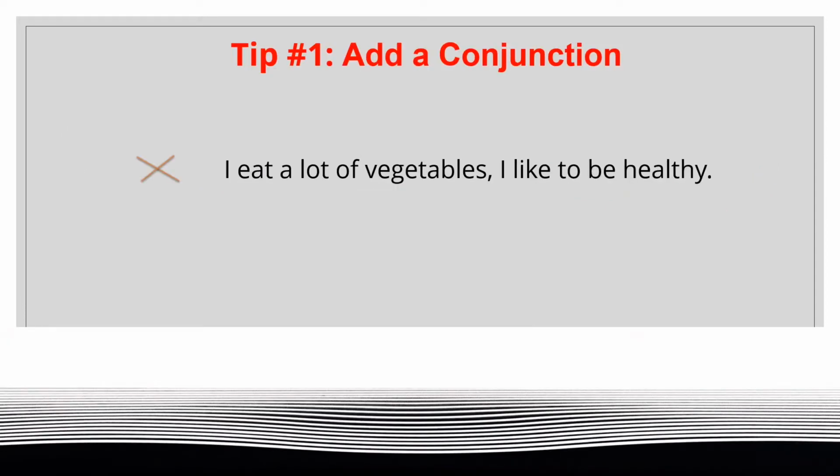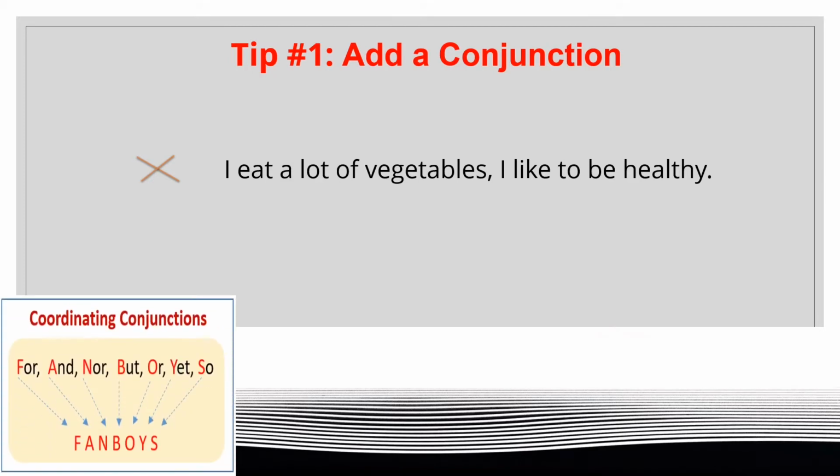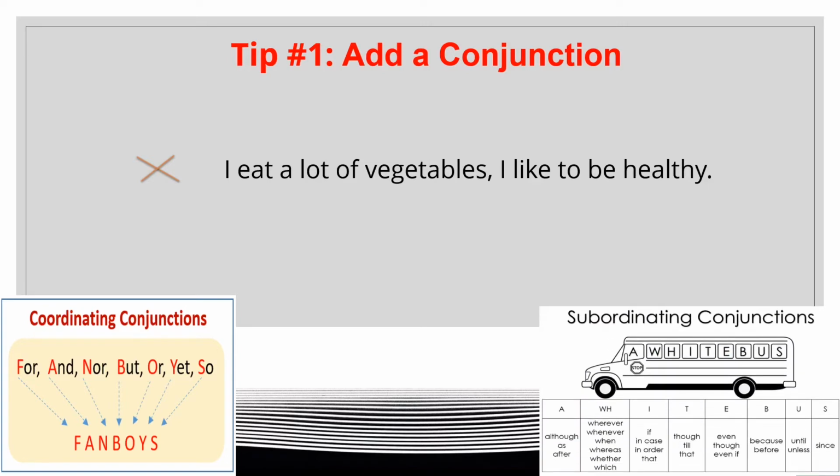In order to fix a comma splice, we can add a conjunction. We can use one of our coordinating conjunctions or we can use one of the subordinating conjunctions. A conjunction allows you to combine your two ideas in a single sentence, but it also has an added advantage of allowing you to indicate the logical relationship between the two ideas.